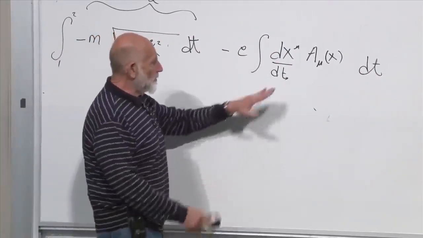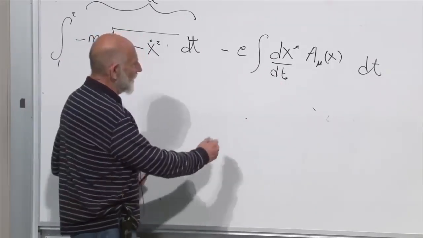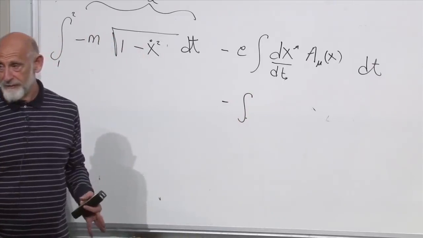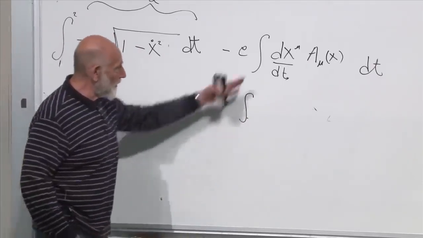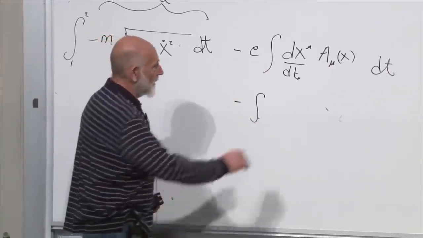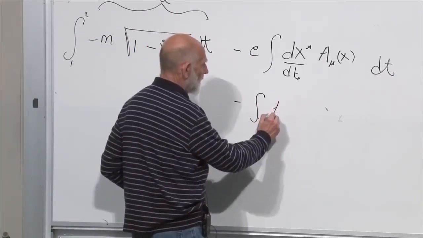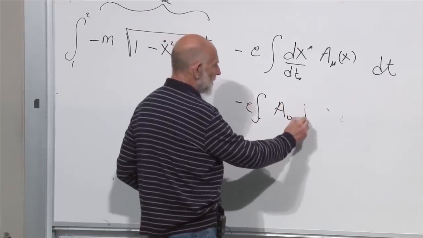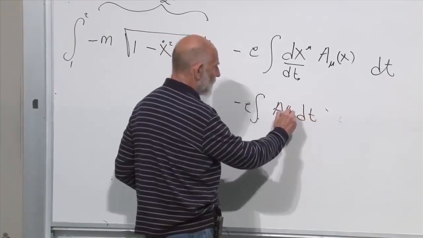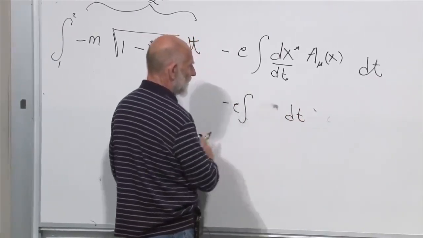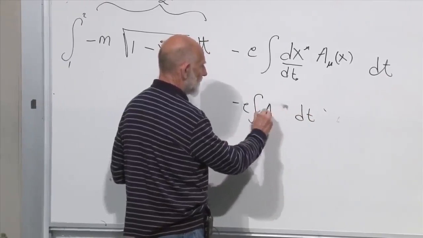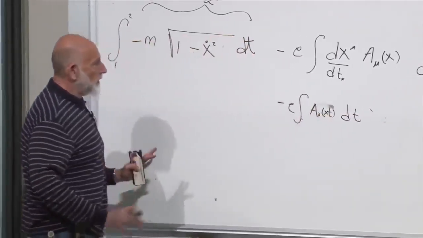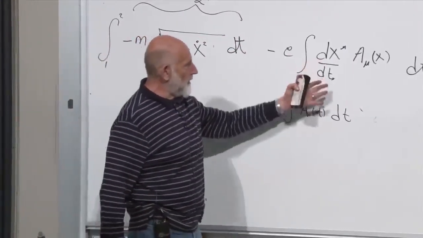There's dx naught by dt. What is dx naught by dt? x naught is t. So dx naught by dt is just 1. And the first thing we get here is A naught dt. And A naught is a function of x and t. So that's the first term. dt by dt, that's trivial.